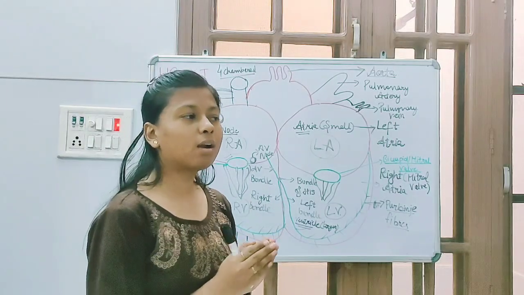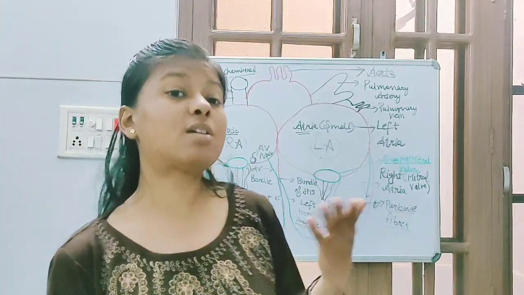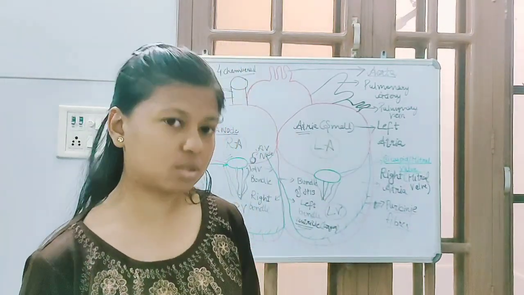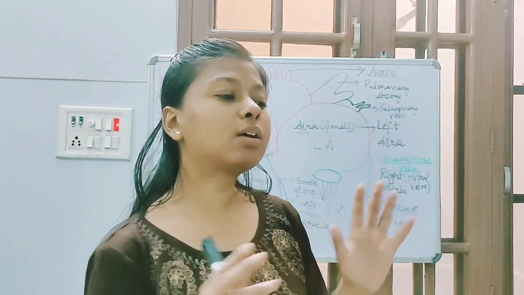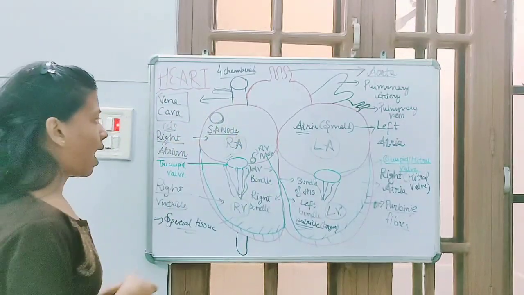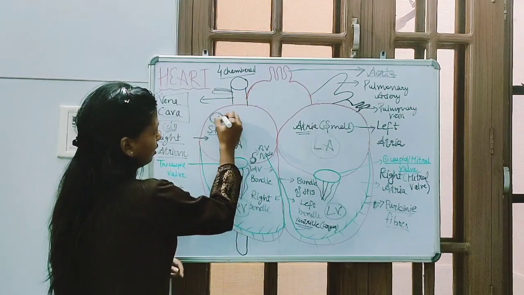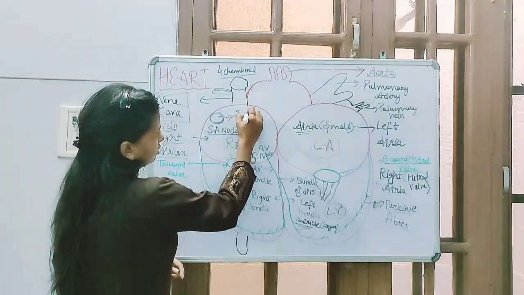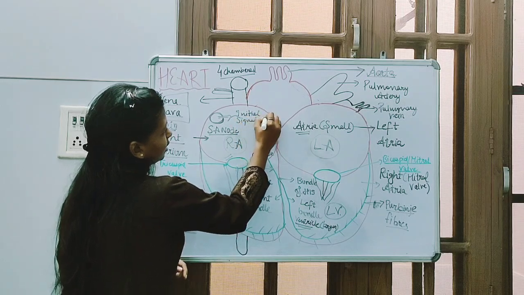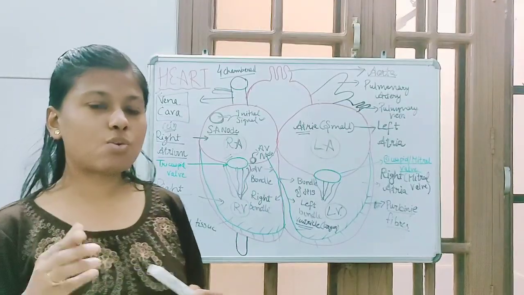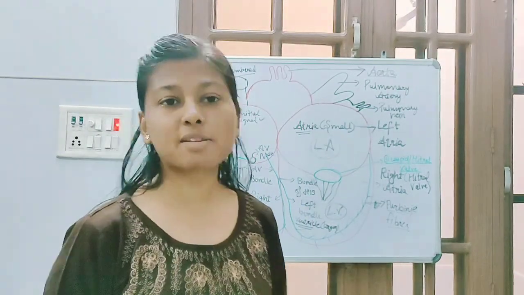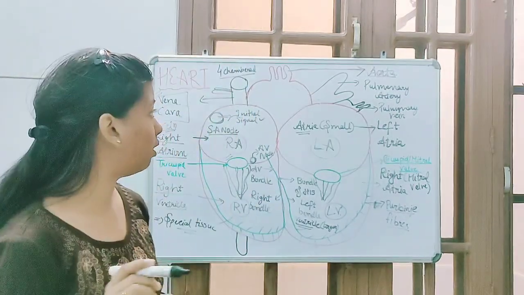It means the heart does not need any external signal to beat, because it has special nodal tissue that can generate the initiating signal through the SA node. Because the SA node has the ability to initiate the signal, it is called the pacemaker of the heart.